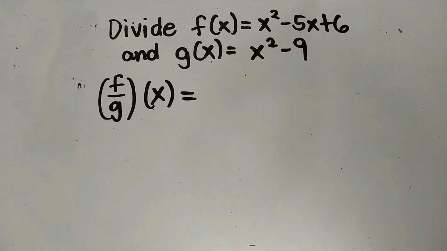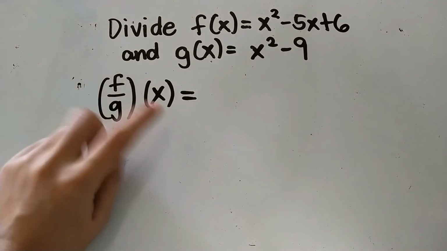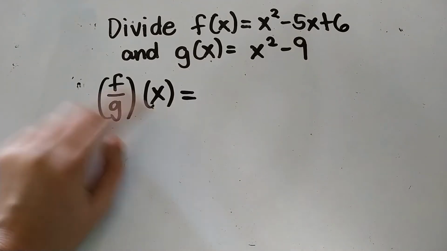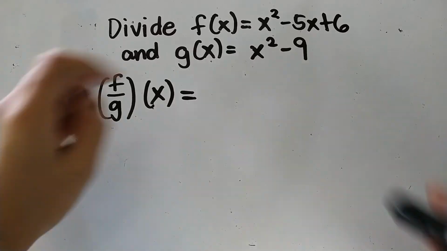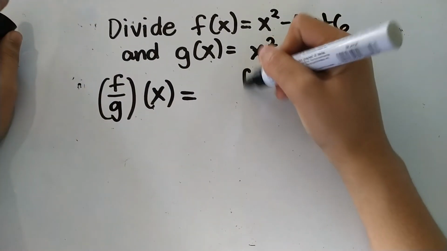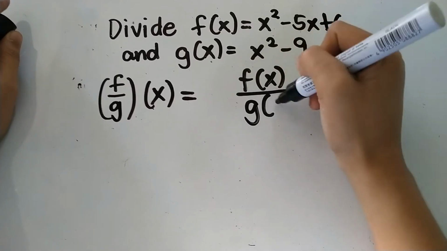We will divide the function f of x equals x squared minus 5x plus 6 and g of x equals x squared minus 9. So, para masagutan ito, we will use the formula f over g of x, wherein f will be the numerator and g becomes the denominator. It just means that f of x will be divided by g of x.